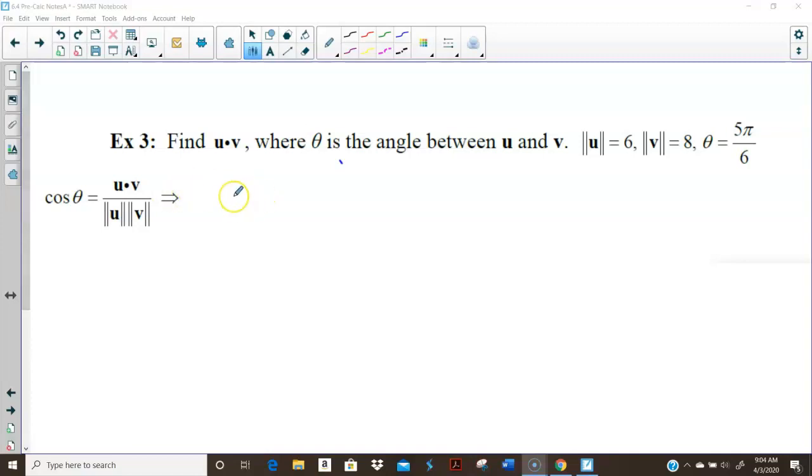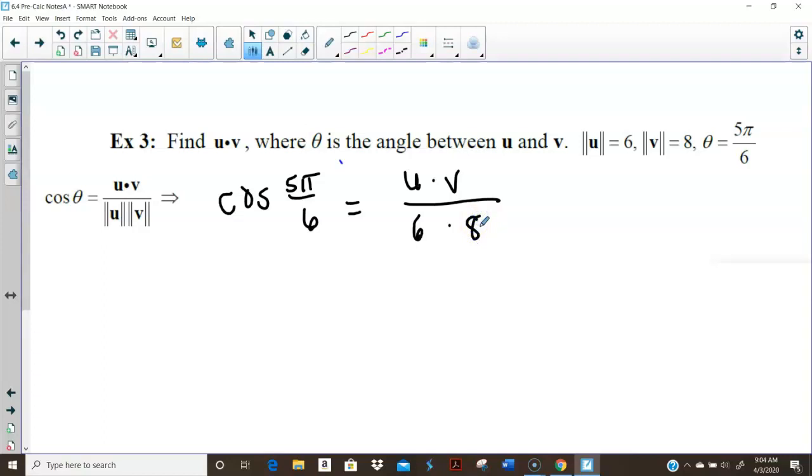So looking to find u dot v, we're going to start with the cosine of theta, and theta is given, it's 5 pi over 6, is equal to u dot v, that's what we're solving for, over the magnitude of u, that's 6, times the magnitude of v, which is 8.